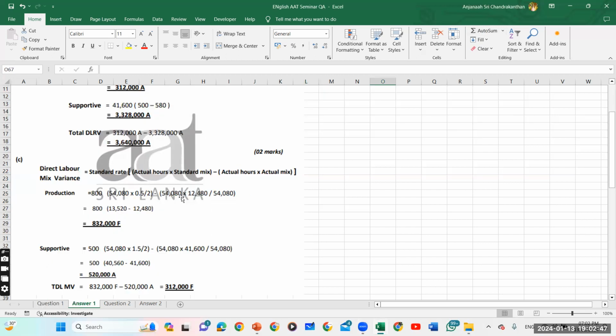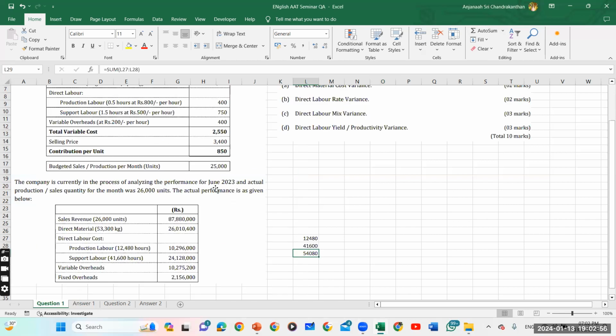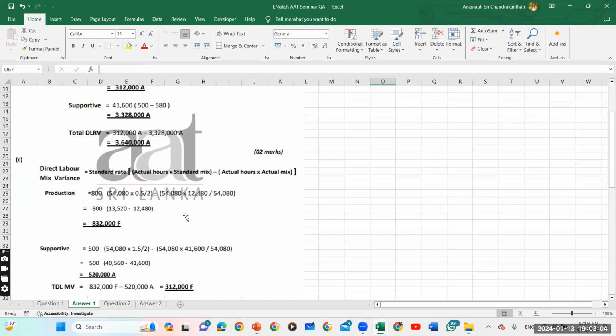And then we have the other one, actual hours, again 54,080 multiplied by the actual mix. How do you get the actual mix? It is 12,480 out of 54,080. Then you get the difference.